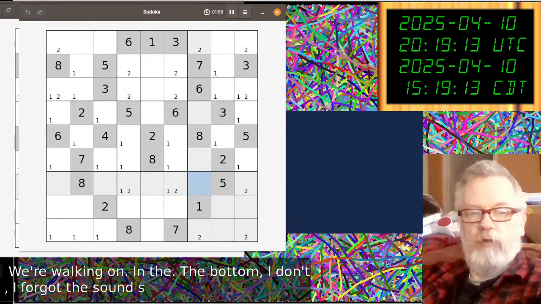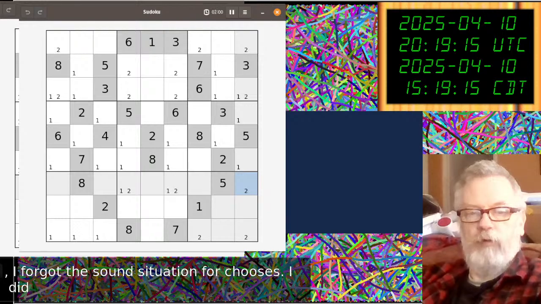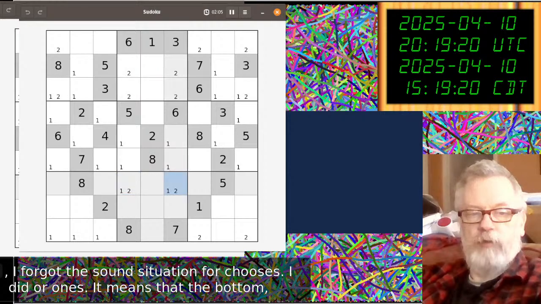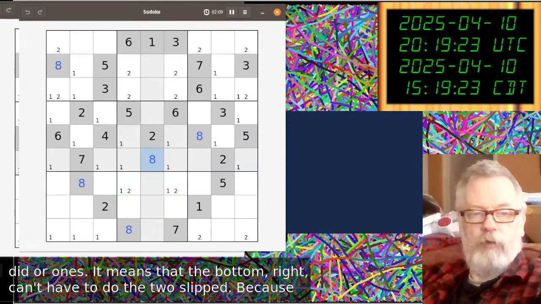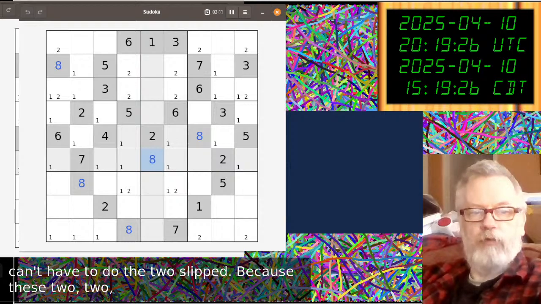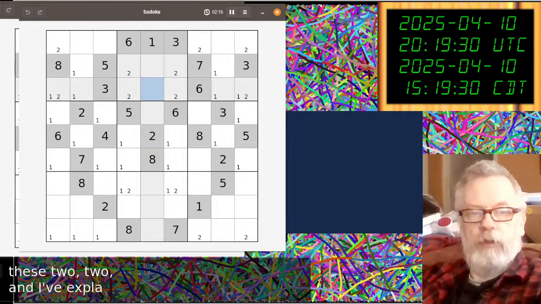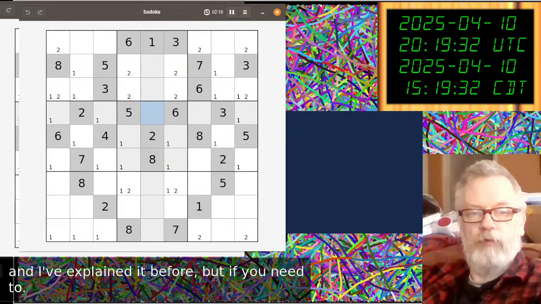That means that the middle or the bottom right can't have 2 of the 2s that I placed because these 2 2s conflict with them. And I've explained that before, but if we need to, do feel free to ask. I can cover that again.